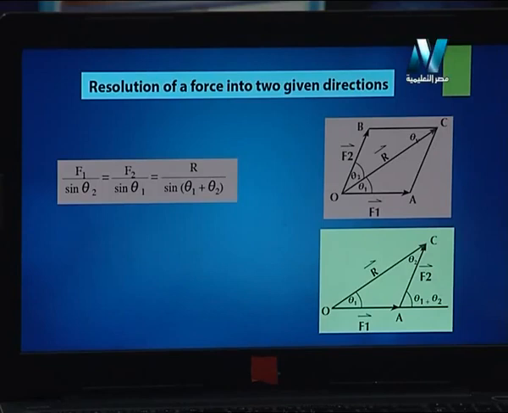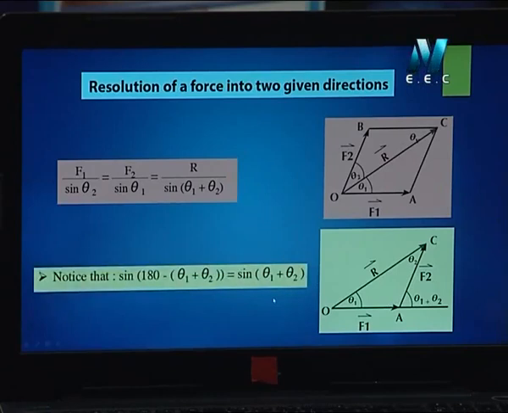And the angle CAO here is 180 minus (theta 1 plus theta 2) because it is the supplementary angle. Notice that sine of (180 minus (theta 1 plus theta 2)) equals sine of (theta 1 plus theta 2) from the trigonometry of first secondary.